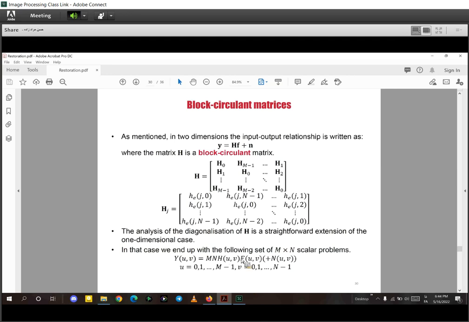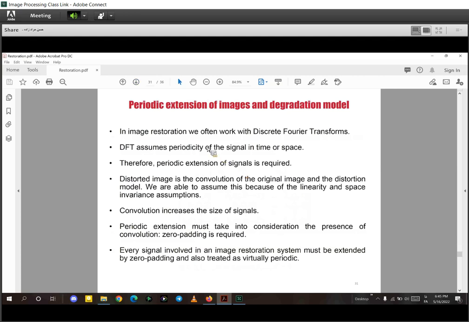This large F of U, V is the FT of F of I, J, and this H of U, V is the discrete Fourier transform of H of I, J. And maybe plus noise in the frequency domain. All of them, U is M and V is N, M dot N. That's right. These are block circulant matrices, this H.